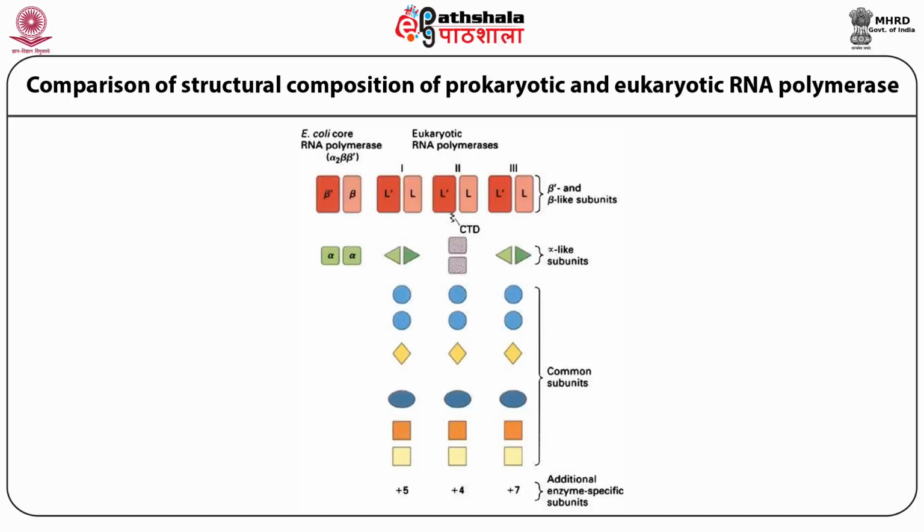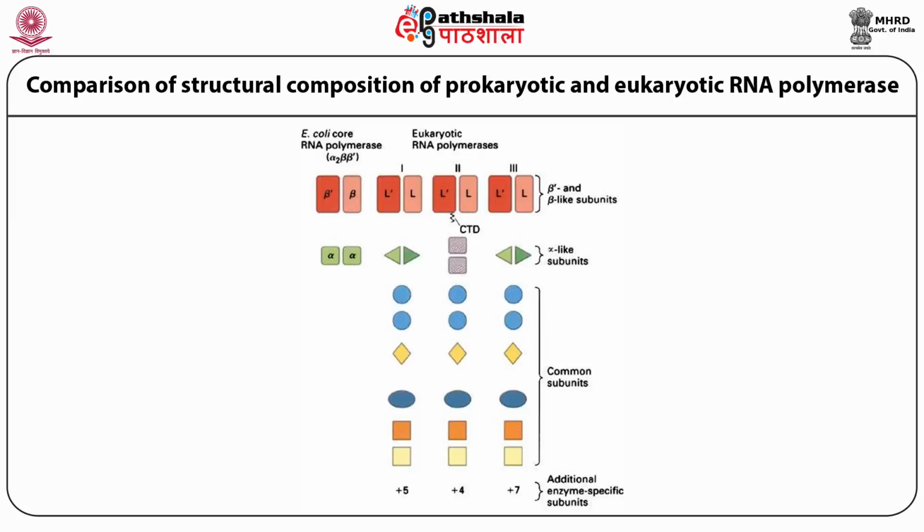Core enzyme can carry on the process on its own but lacks the ability to bind at a specific promoter region. The binding efficiency of the RNA polymerase varies according to the actual sequence of the promoter region.